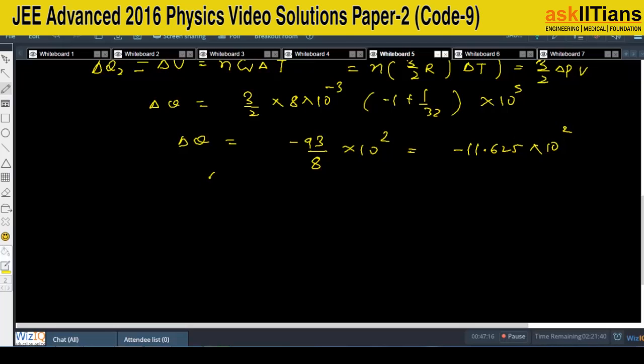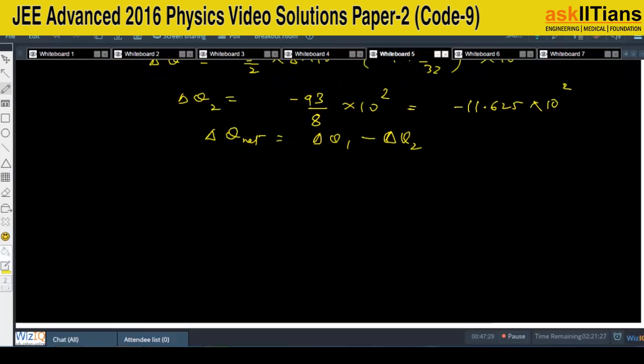And this we got, Q net. Q net is heat supplied, heat given and heat absorbed. So that should be equal to delta Q1 minus delta Q2, because Q2 is negative, we calculated. On placing the values of these two terms, we got 1750 as the heat supplied at constant pressure minus heat supplied at constant volume, but that comes to be negative.